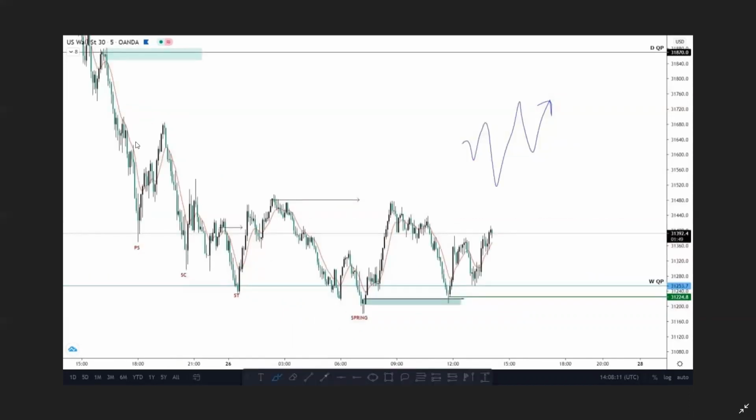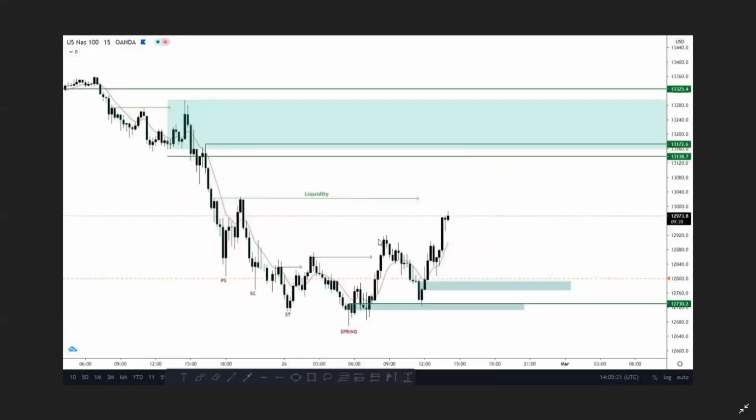From here, PS, SC, just like we have the same level, equal lows. So these two levels would be my SC, just draw the trend line across it, SC, and then we have the spring. But in this case, US 30 didn't break above the previous high after forming the spring. The NASDAQ did. We have a higher high here, releasing to this previous high.